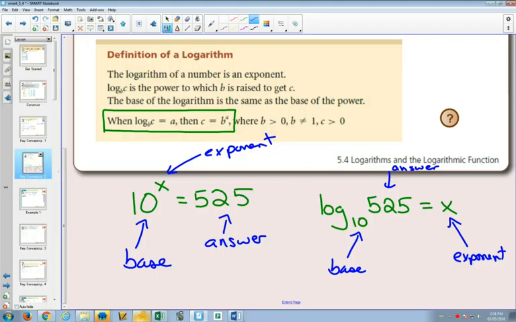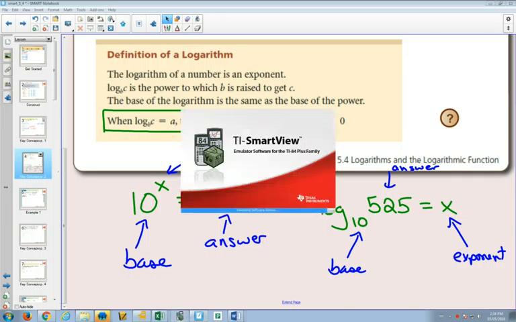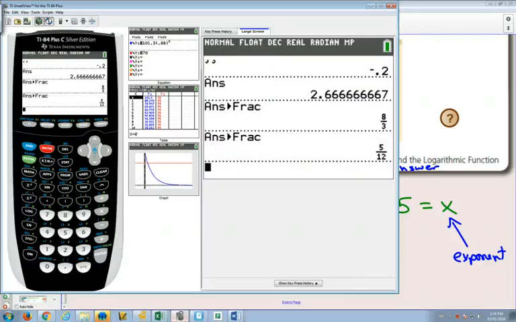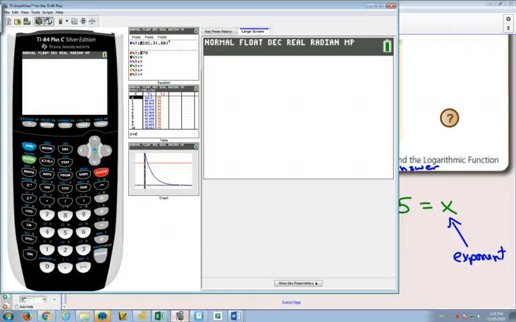What it allows us to do is take out our calculator and type this in, and we can find out exactly what that exponent would need to be in order for it to work. On your calculator, you have two log buttons. There's a log button right beside the 7.